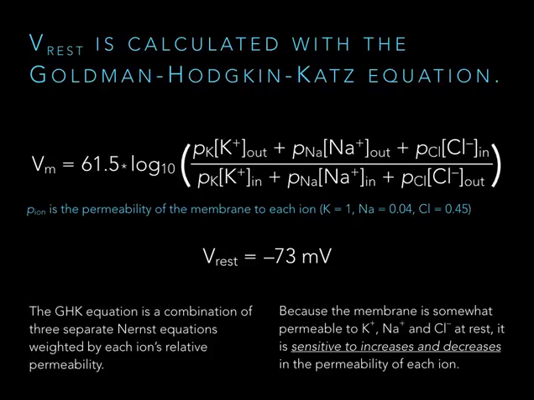Because we have this permeability to all these ions at rest, none of them are zero. And because of that, the cell is going to be sensitive to both increases and decreases in the permeability of each ion. Okay, this allows the neuron to carry out more complicated signaling because now it can receive an increase or a decrease.